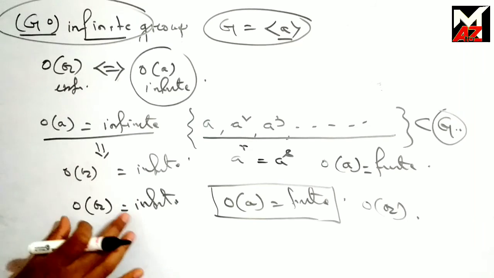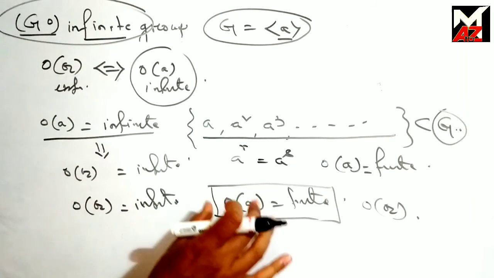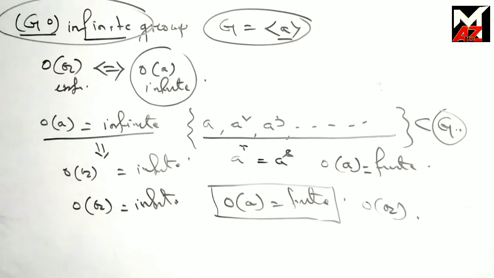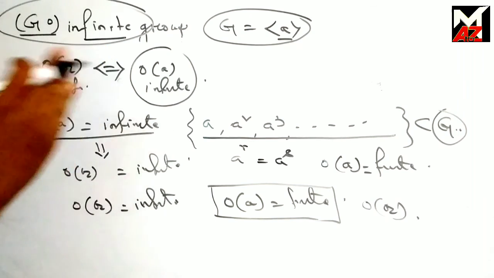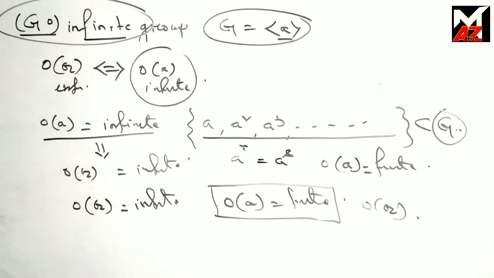So if the order of G is infinite, then the order of A must be infinite. So the order of G and the order of A must be infinite together.